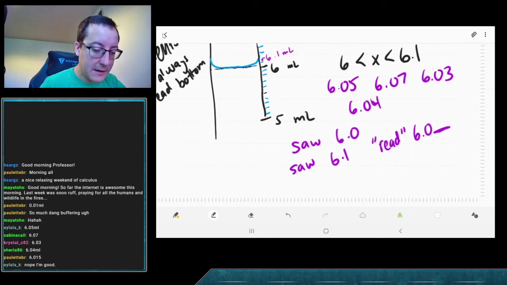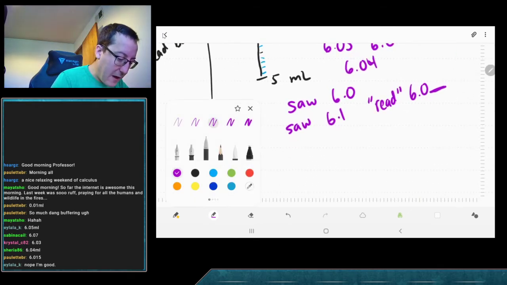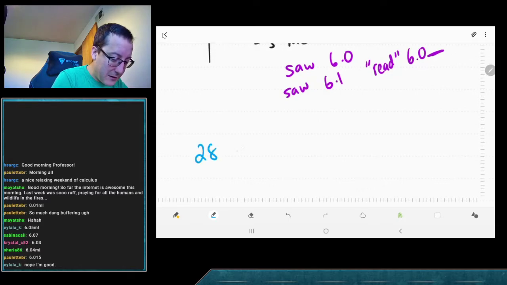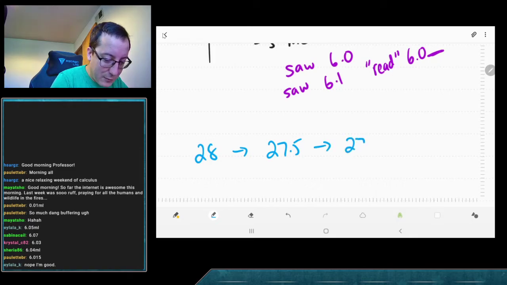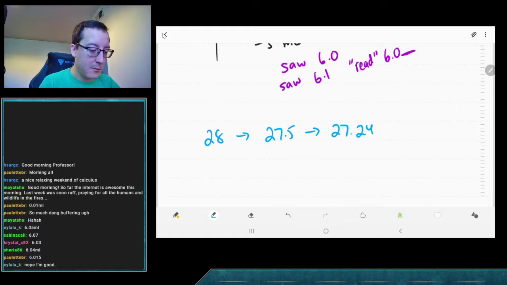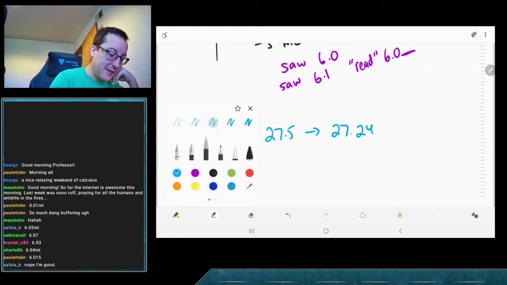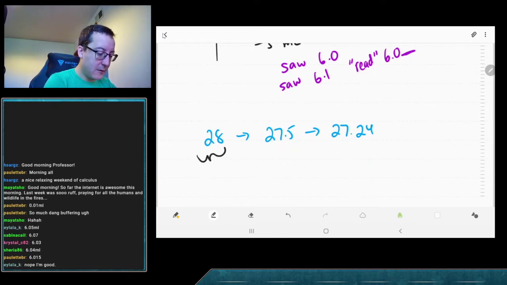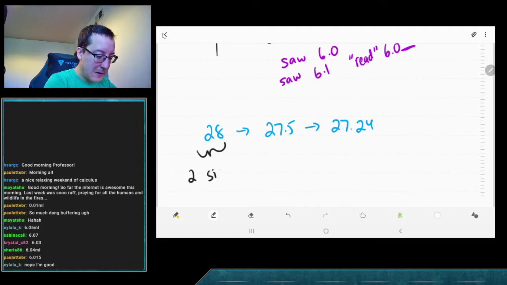So we're going to have a way. If you remember before, we had that 28 versus 27.5 versus 27.24 or whatever they were before. We have ways of talking about these in science, okay? We're going to say that this number here has 2 significant figures.